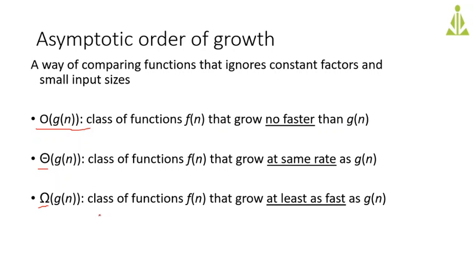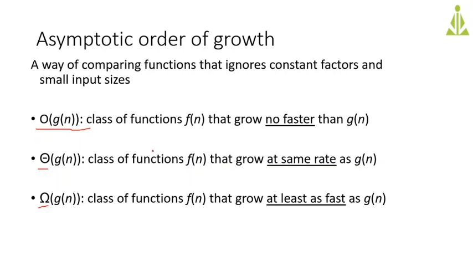Big omega is the class of functions f of n that grow at least as fast as g of n, so we give the equal or more than the expected time. And big theta is the class of functions f of n that grow at the same rate as g of n, meaning the time given is the accurate time.